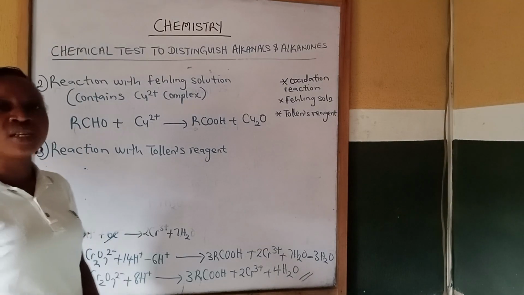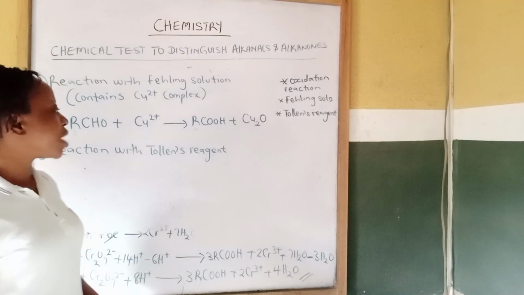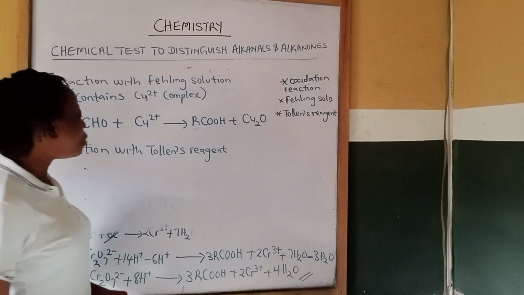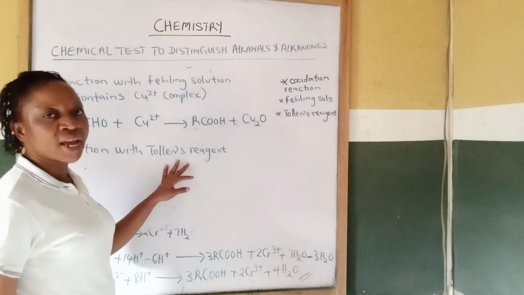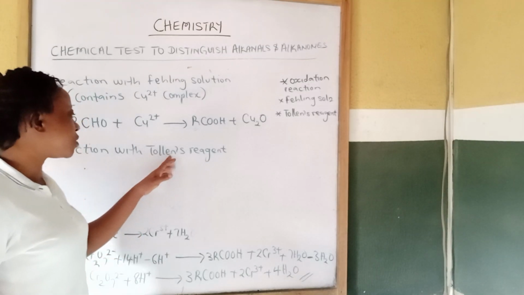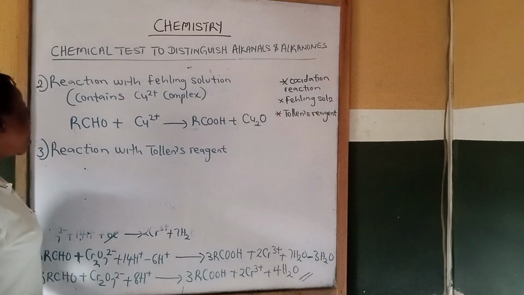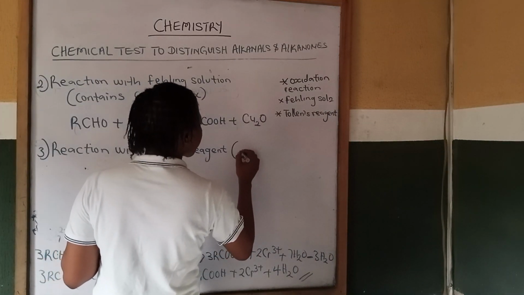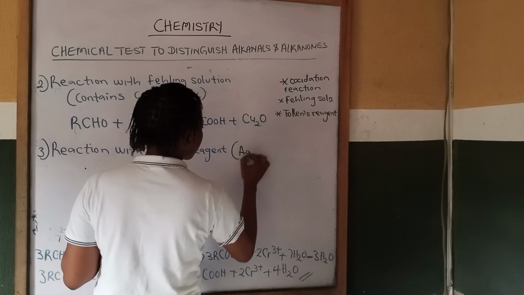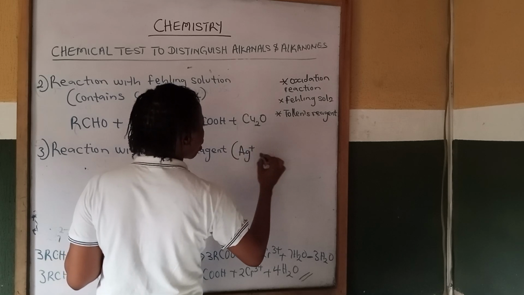Then we can also call it ammoniacal silver trioxonitrate 5. That is your Tollens reagent. So we are going to add what? Our silver complex. Addition of silver complex.